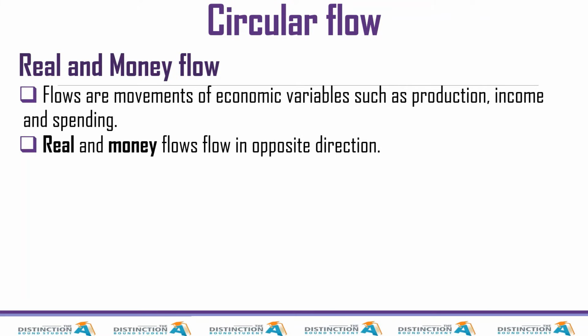We have real flow. This is the physical flow of labor, capital, all the 4 factors of production, the flow of goods, the flow of anything that is tangible, from a household to a business, from government to, so that is real flow.